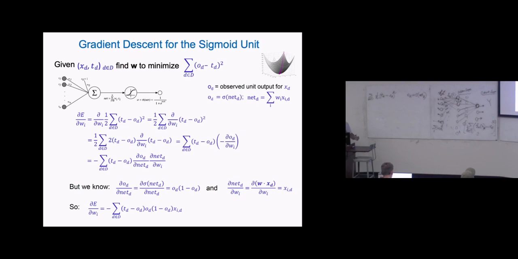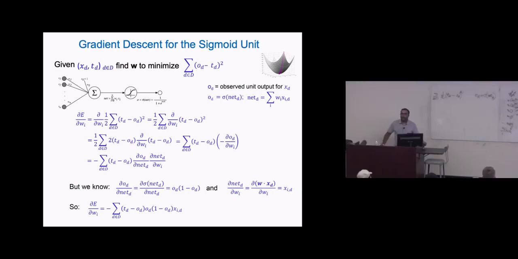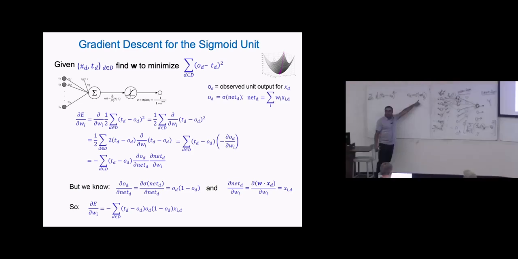So net D is nothing but the dot product of D with respect to that W. It's the same dot product, the net D. Okay? We are just replacing the dot product with net D to simplify our notation. But because this is a sigmoid function, now we know what the differentiation of this is, right? We just calculated it a while ago.